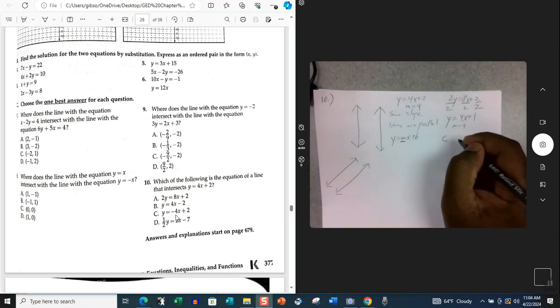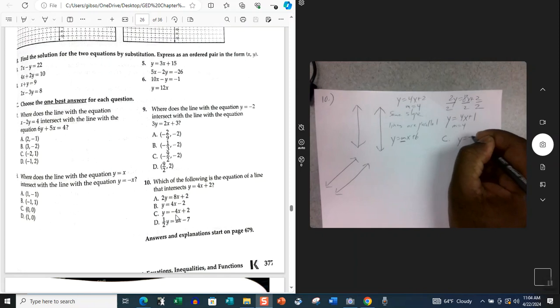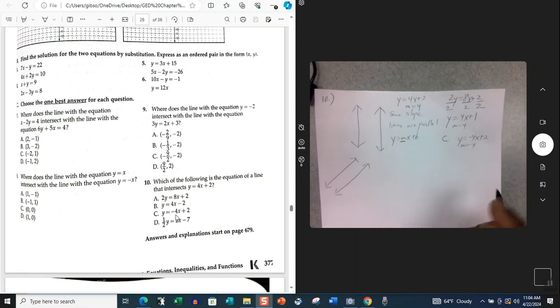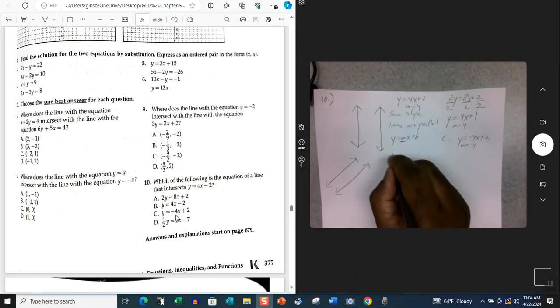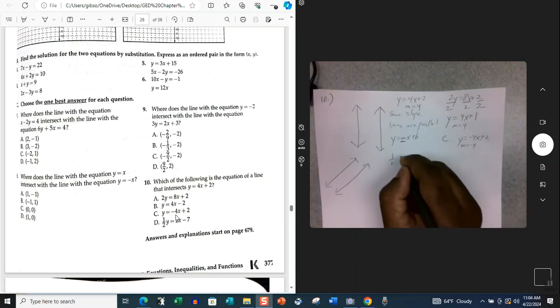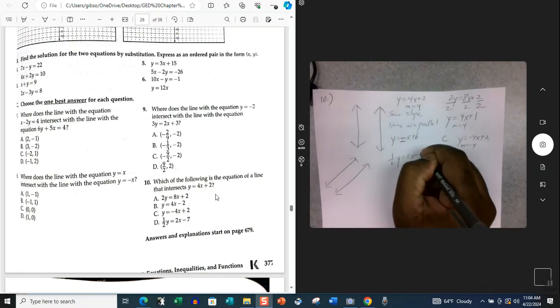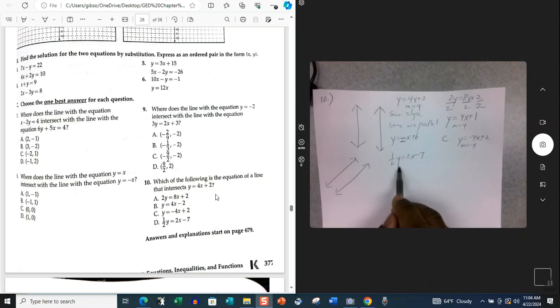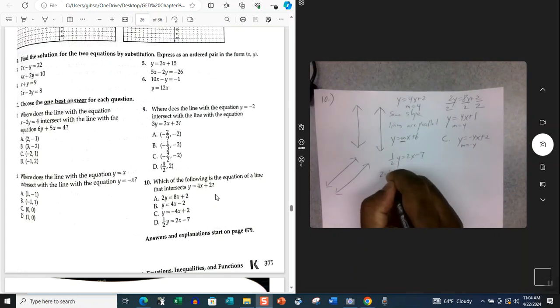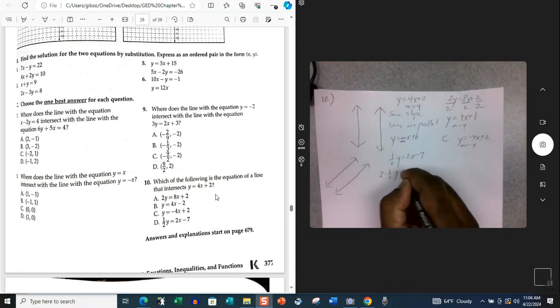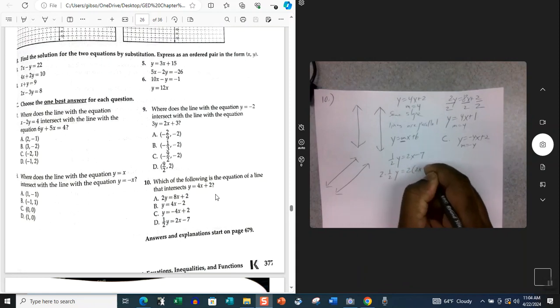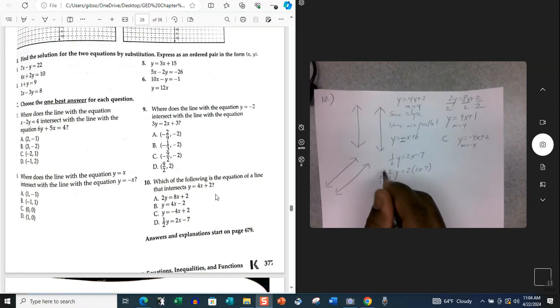So far our answer is C. I'm going to write that down because it has slope of negative 4. But we're going to test D, which is 1/2 y is equal to 2x minus 7. So we got to get rid of this 1/2 off the y. So we'll multiply each side by 2, because remember, this will be 2/1.